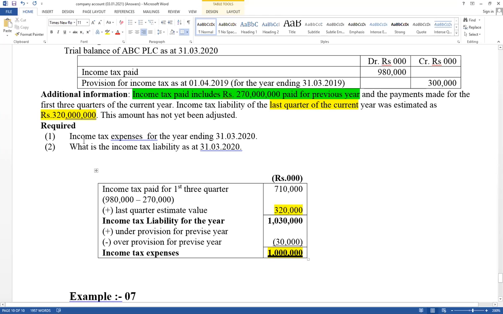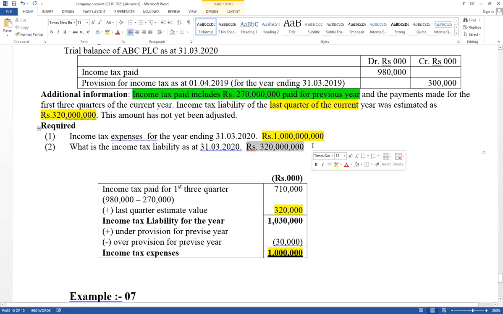Therefore, income tax expense for the year equals 1 million and 30, prepared in values of 1,000. And income tax liability as at 31st March 20, as a liability you have to consider only this year's last quarter estimate value, 320,000.